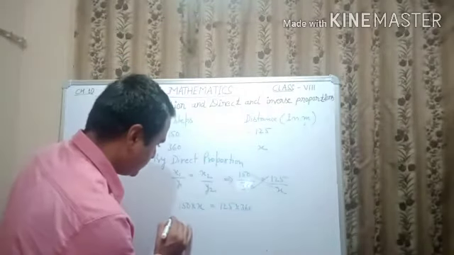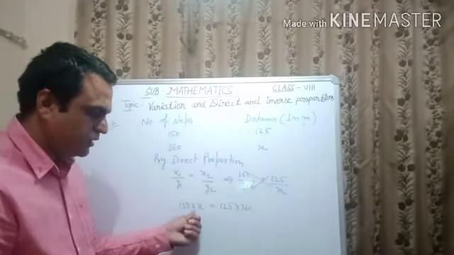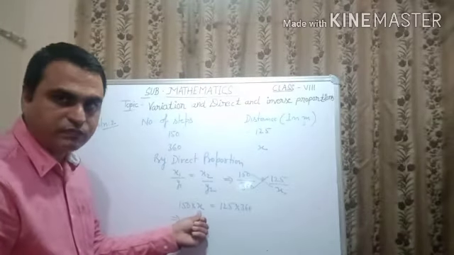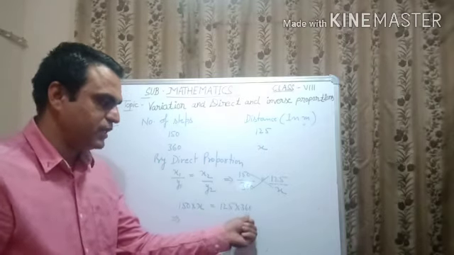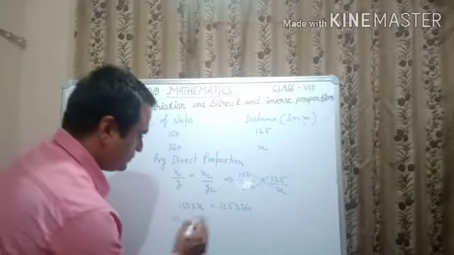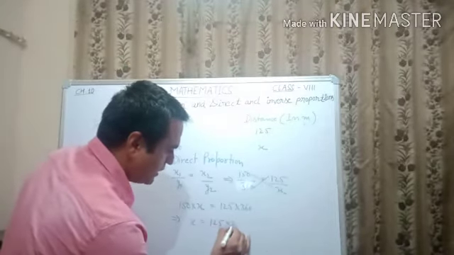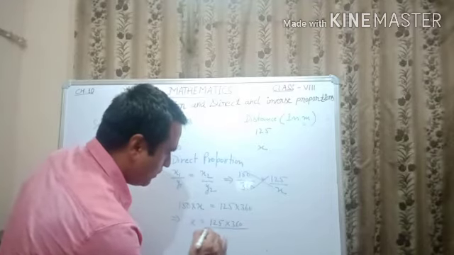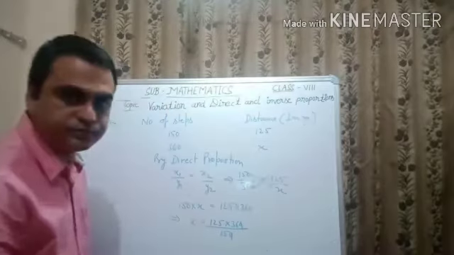Now when a variable and a constant are in multiplication and we have to find the value of the variable, then the constant value always goes to the denominator. x equals 125 multiplied by 360 upon 150. Remove this 0 by 0.